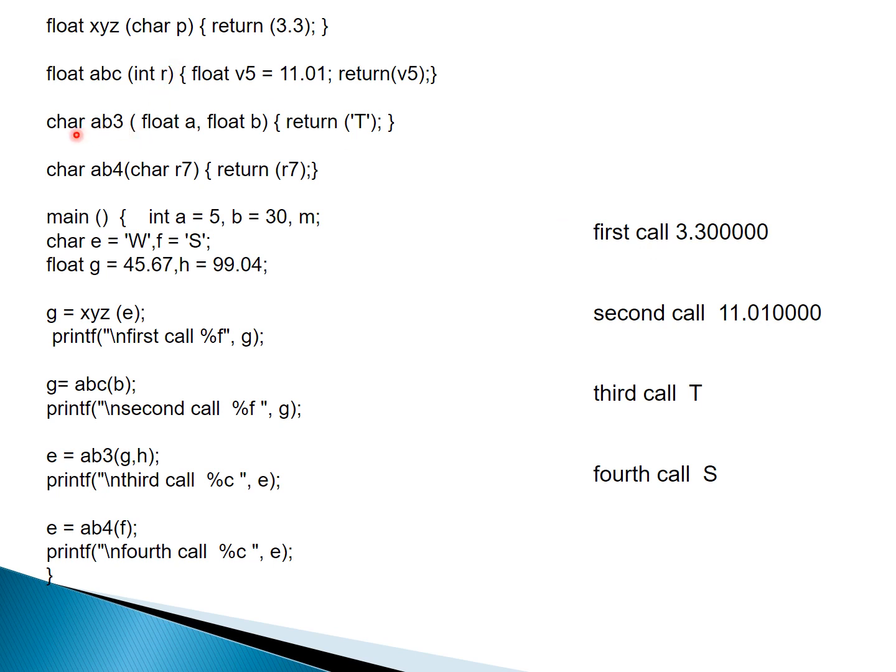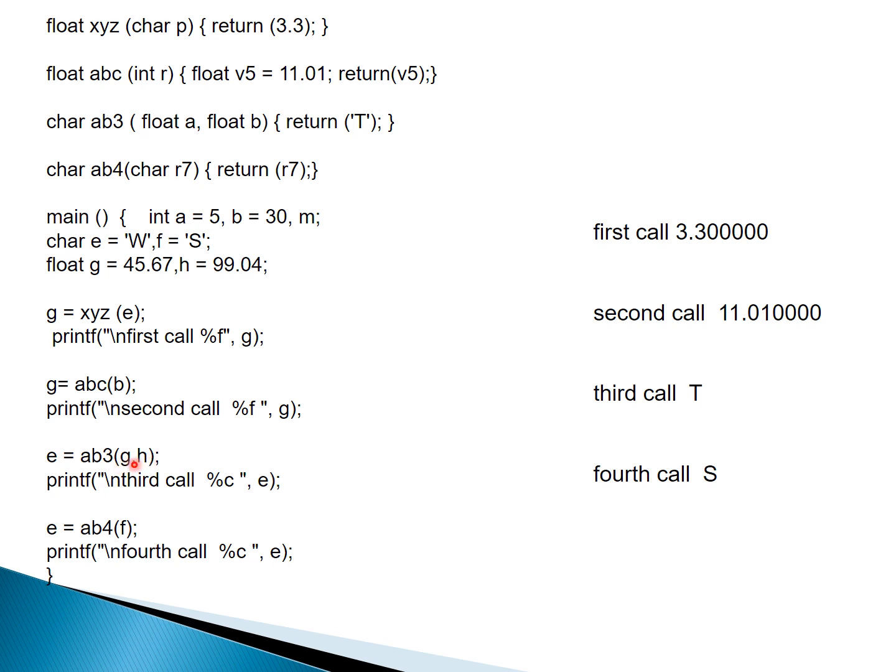Then the third function call, the name is ab3. We know that it will return a character, so we should receive the value from ab3 on a character variable. We are using e, but you can use f. And we know that we have to pass two float variables, so you can pass g and h, or even values.